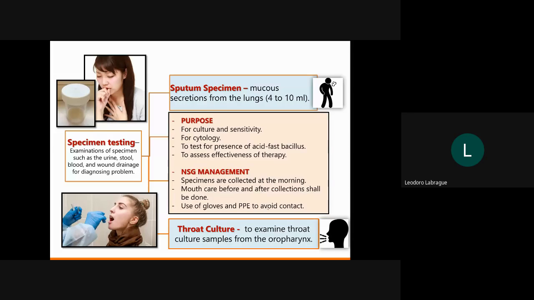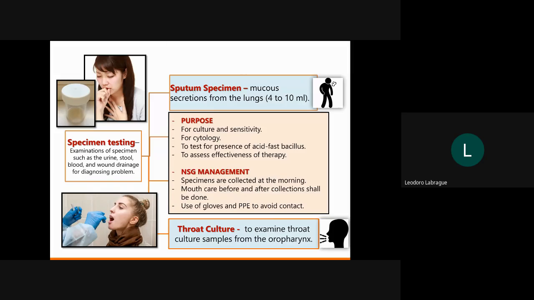And by the way, when you ask your patient for a sputum specimen, you only ask for a maximum of 4 to 10 ml. That's a small amount. Okay? This is the right amount that is needed in order to have a good examination of the sputum.